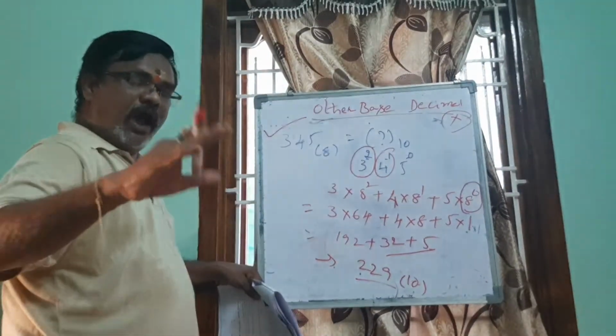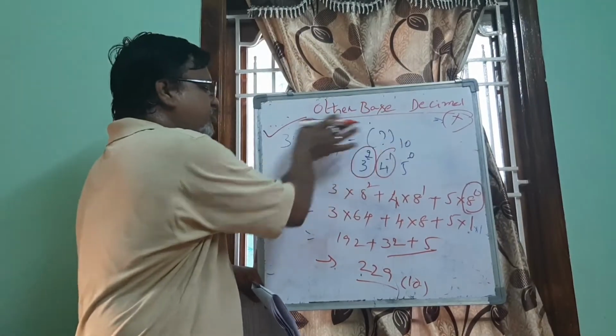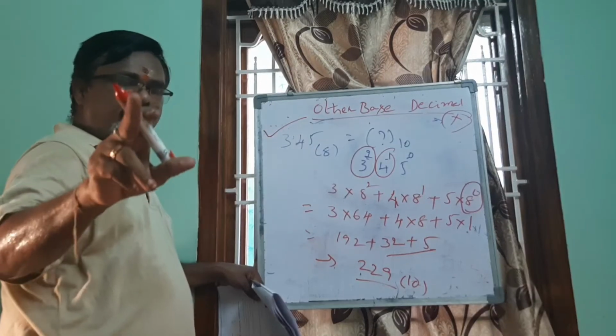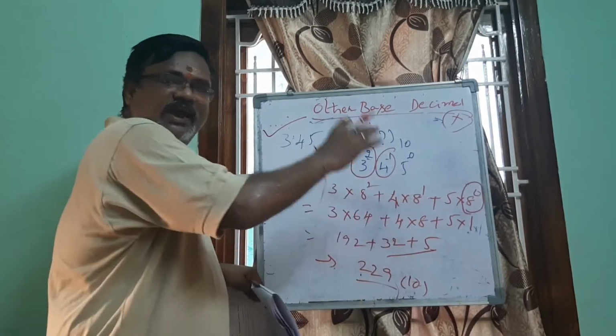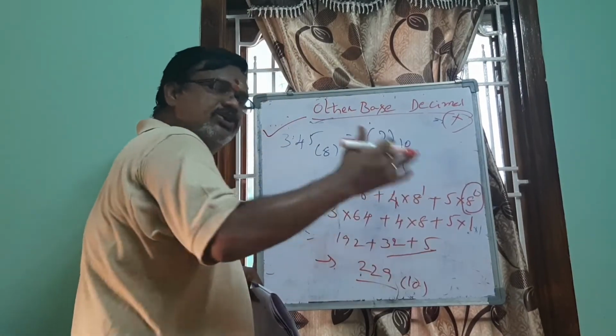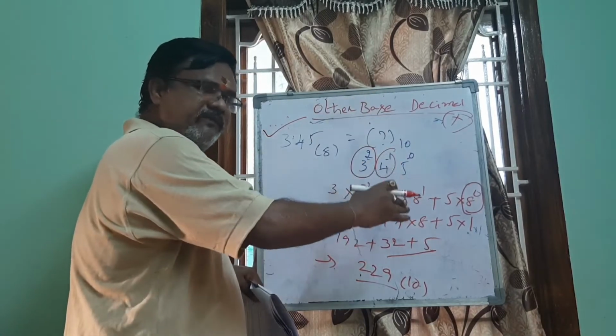And here I am giving you one more clue. Previously, when converting a decimal number to octal, hexadecimal or binary, the clue I gave, you remember, is that the remainder should always be less than the base value. If it is binary conversion, the remainder should be 0 and 1. If it is octal conversion, the remainders must be between 0 to 7.